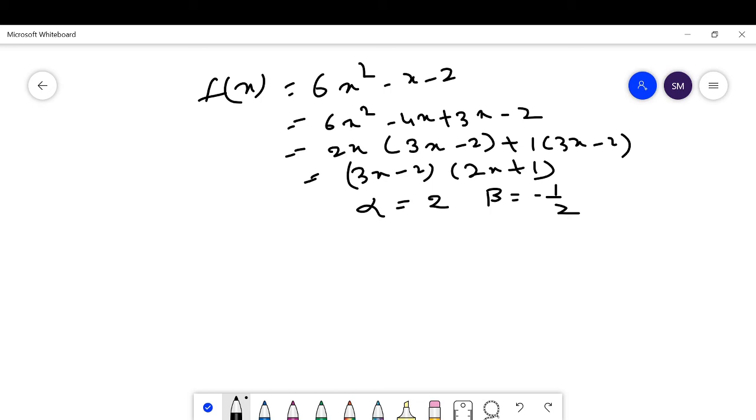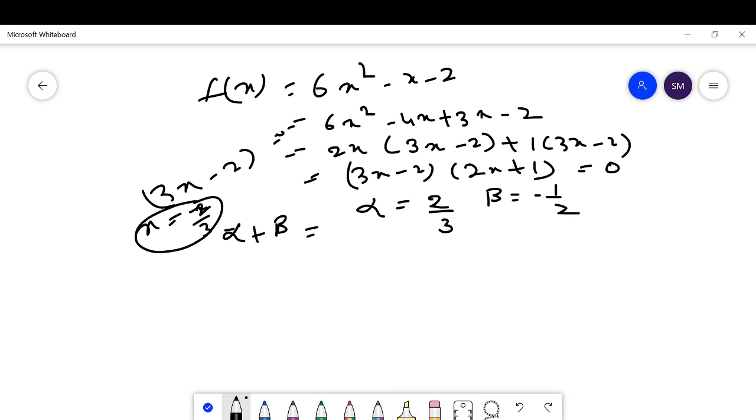Look here. If 3x minus 2 equal to 0, then x equal to 2 upon 3.